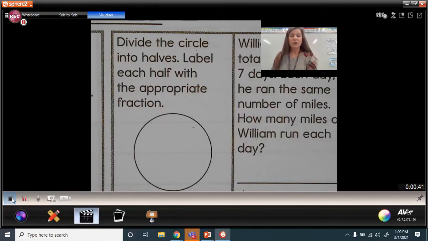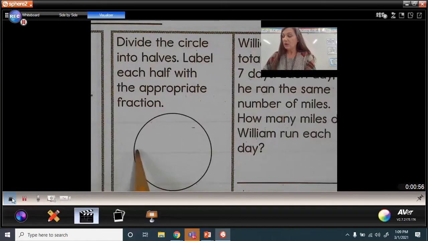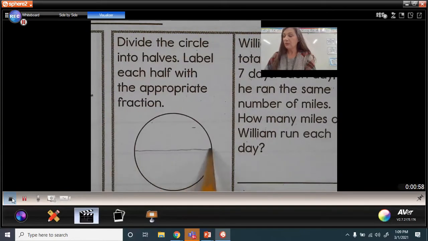Now, we could do this many different ways because when we take a circle and cut it into half, we need to make sure that the two parts are equal, or the same amount. If I go across the middle, this would be 1/2 and this would be 1/2.